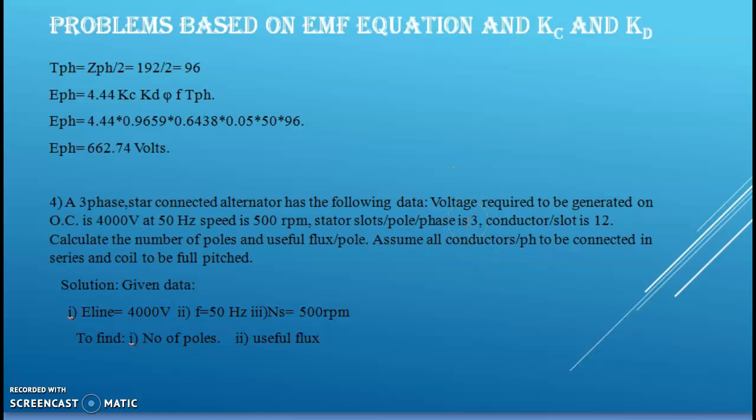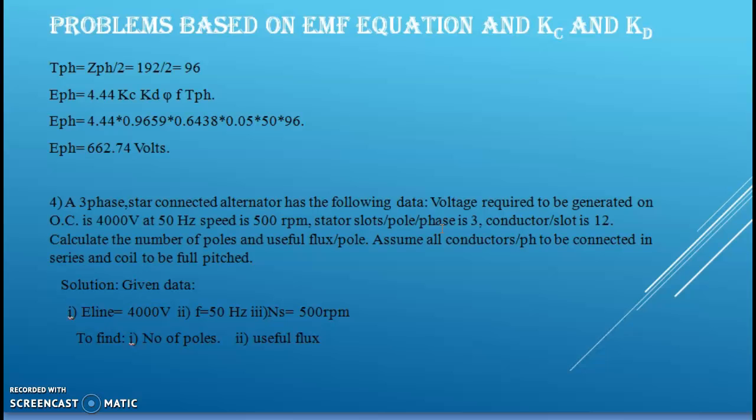Then for beta, first you have to find n, which is slots per pole. n is equal to M into 3, so n will be 9. Now you have n, M and beta, and you can find Kd.